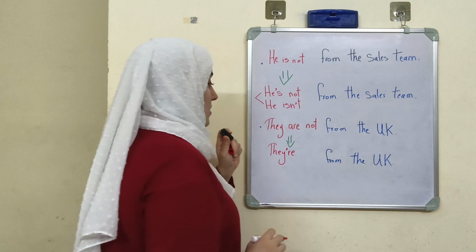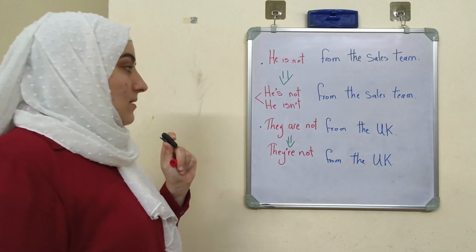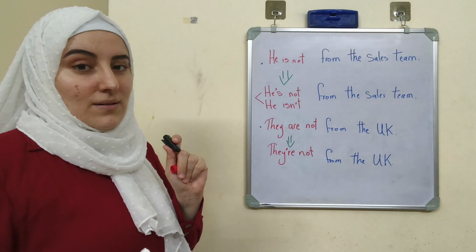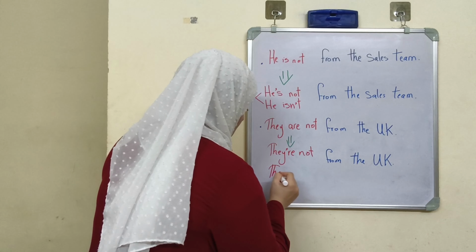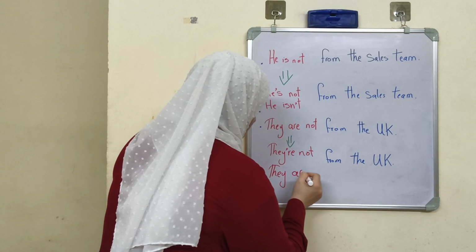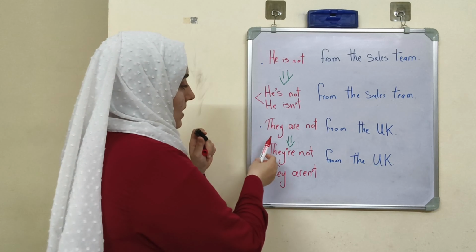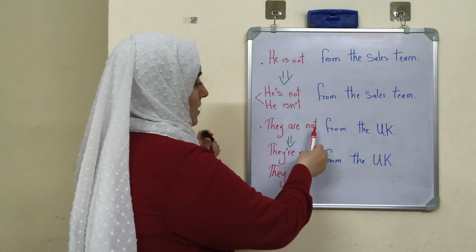They and are: they're not from the UK. And the second way, they aren't. Very good. So either you contract they and are, or are and not.